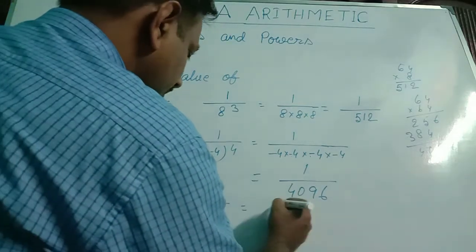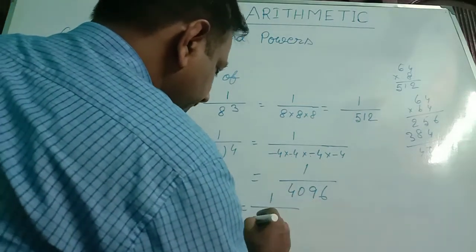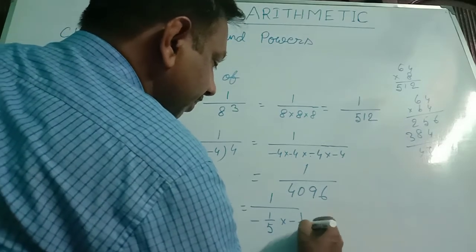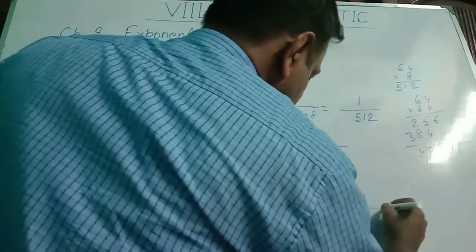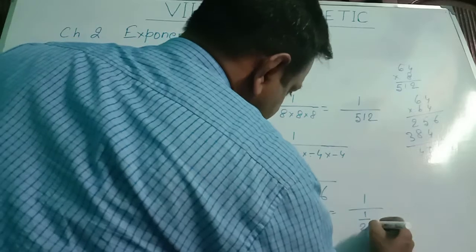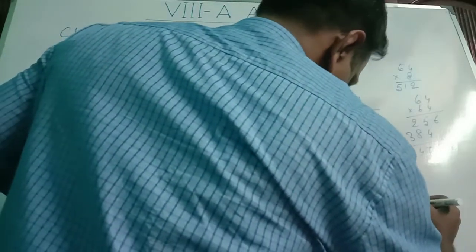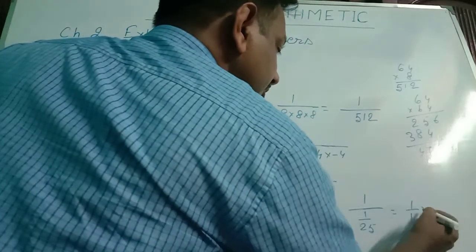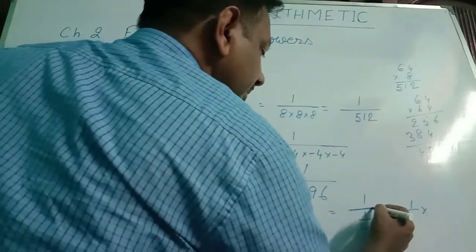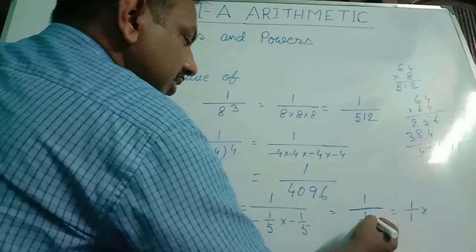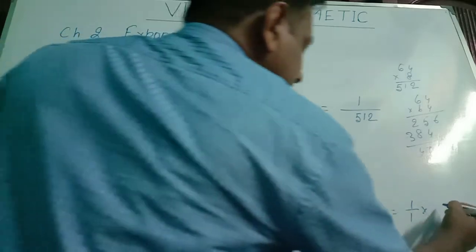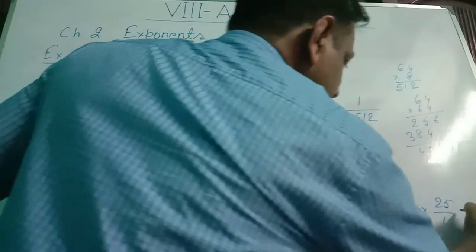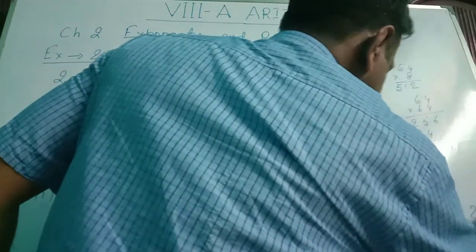Now we can say 1 by minus 1 by 5 into minus 1 by 5. 1 by minus minus plus 1 by 25. So 1 by 1, this symbol will be changed into the symbol of multiplication. Then we write the reciprocal of this, 25 will go up and 1 will remain down. So it became 25.